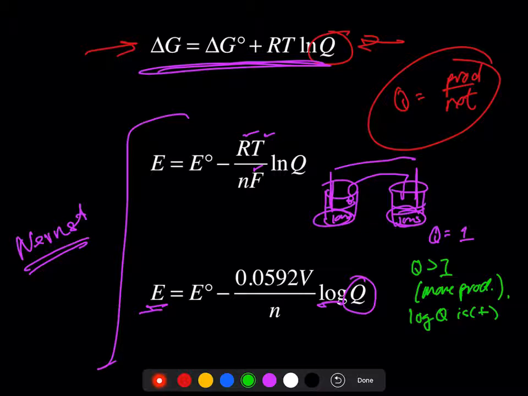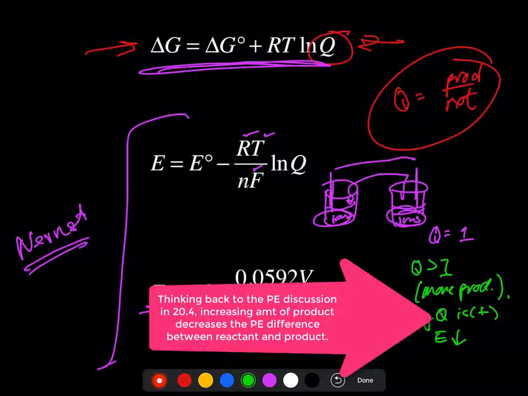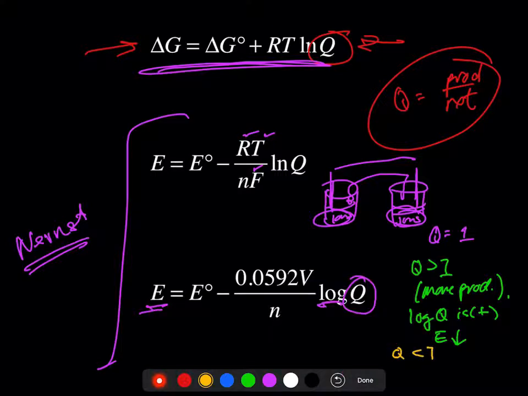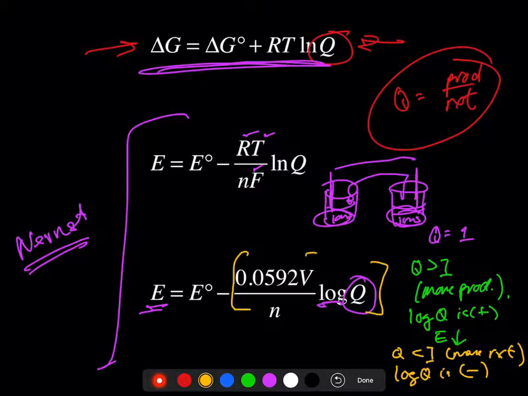That means we subtract that term from here, which means that my E decreases. Does that make sense? In the alternate scenario, if my Q is less than 1, meaning we have more reactant, my log Q is going to be negative. And if this term is negative, then if I subtract a negative, my E value actually goes up.